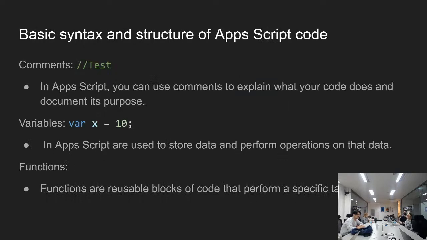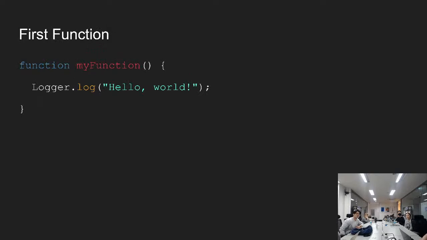Comments are basically exactly like JavaScript, with //. Same with variables: you're just declaring with var, naming it, and then what's contained inside of it. Let's go ahead and make our first function.